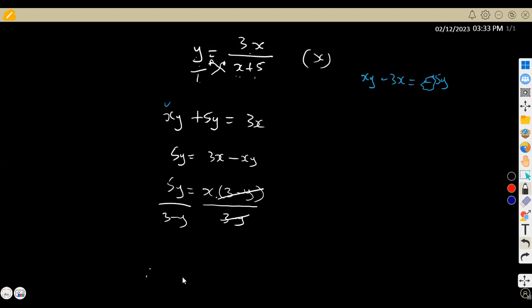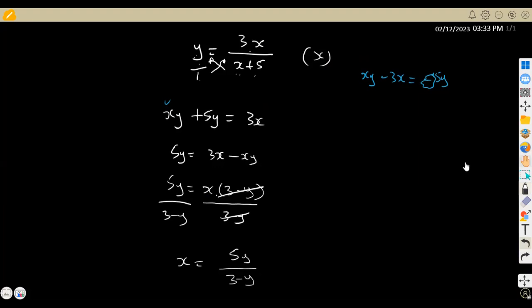So therefore, we write our x is equivalent to 5y over 3 minus y. Now we have x as the subject. What you're going to do is that in place of x, you substitute y, and in place of y, you substitute x. And that is going to be your final answer.